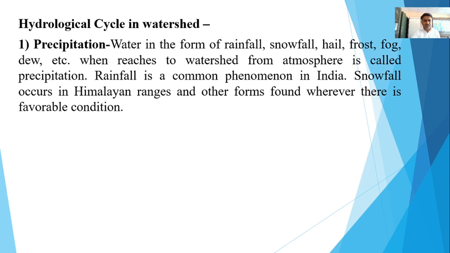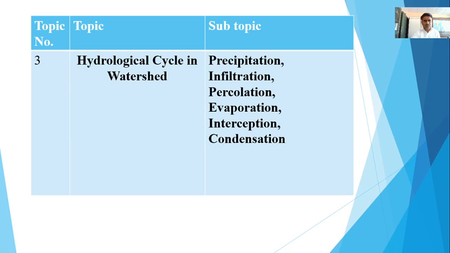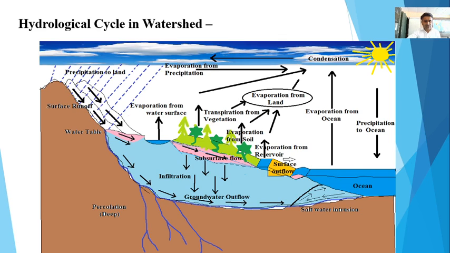As I have already told you, these processes were explained in the previous lecture, but the main and important thing here is the diagrammatic presentation of the hydrological cycle. How this cycle gets completed in one year or in one region, and particularly in the watershed.